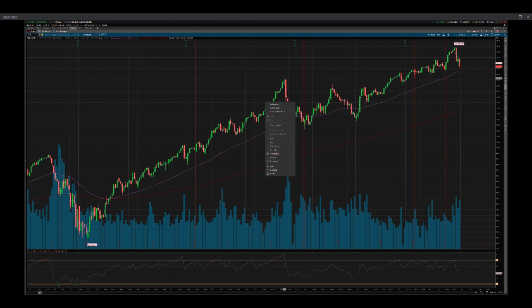So specific levels I'm looking at are places that have happened in the past. I'm going to go back and look at, okay, key level here being the pre-COVID level.